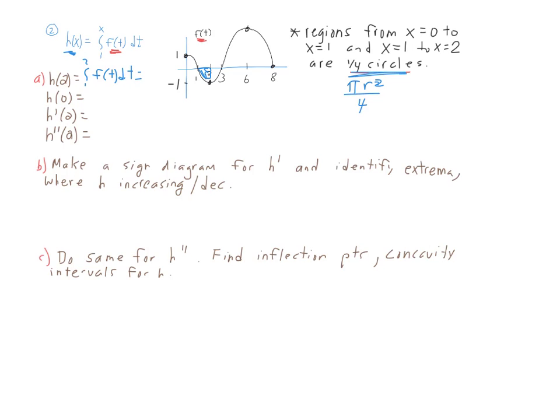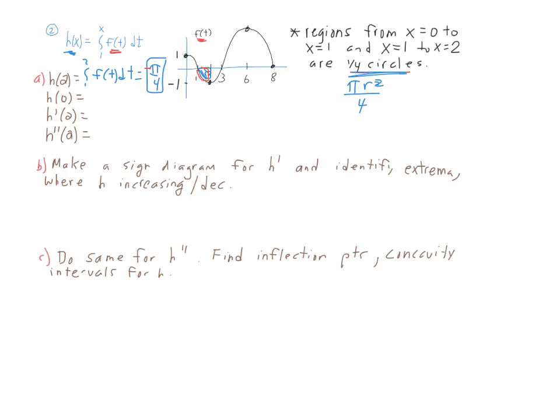So that means we're going to have a simplified answer of pi over 4. But be careful, this is going to have to be negative, because this region is below the x-axis. We're not asked to find the area, we're asked to find the value of h of 2, which is a definite integral. So a definite integral can be negative.